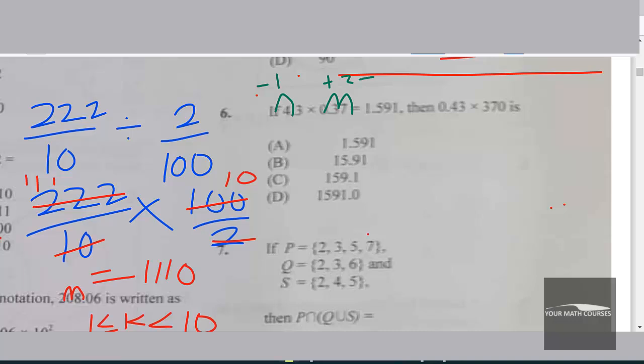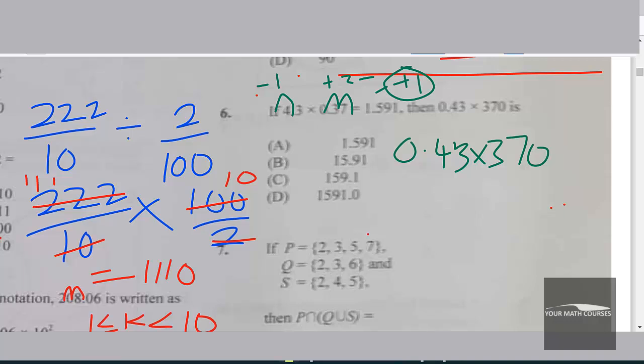So that will give us +1. So it means that in the final answer, the decimal point must move forward once because of the +1 here.